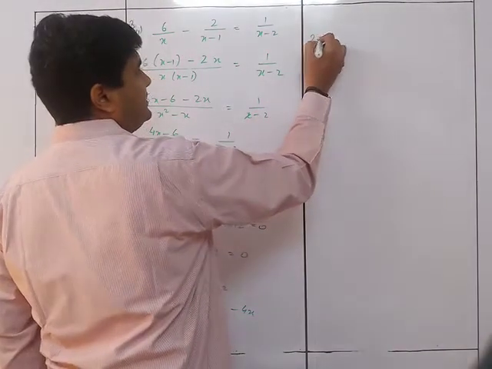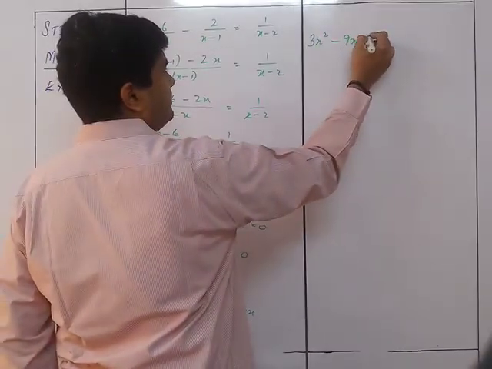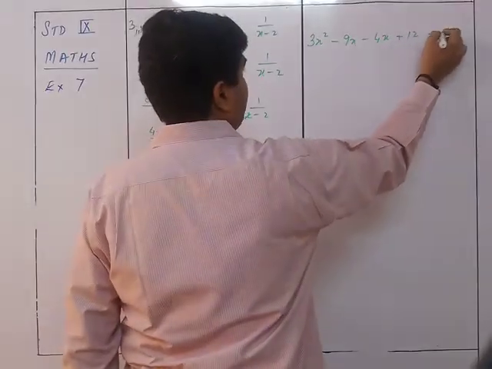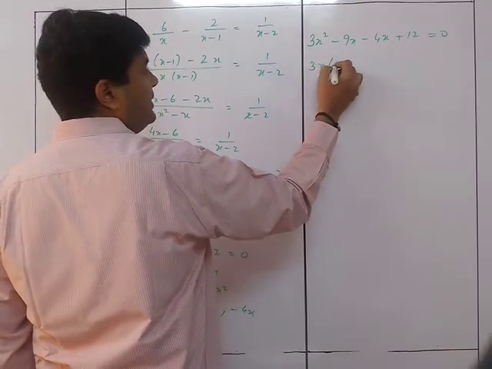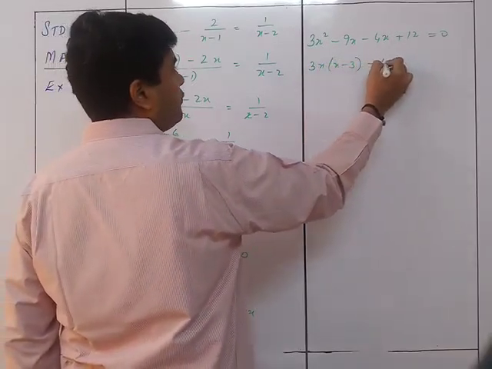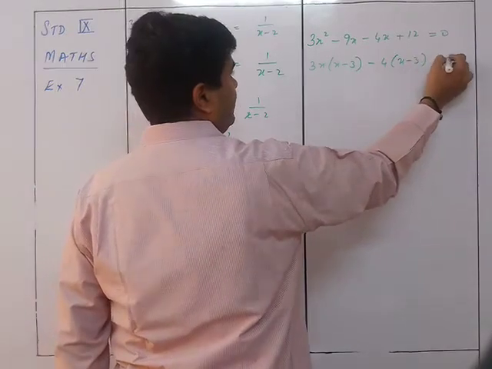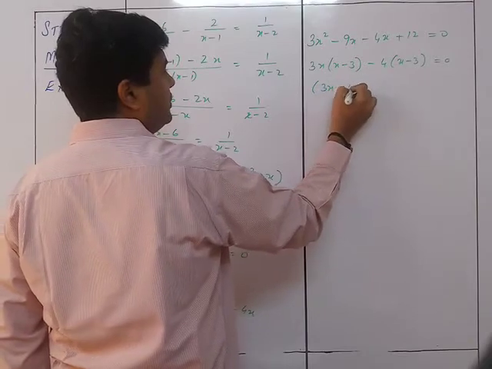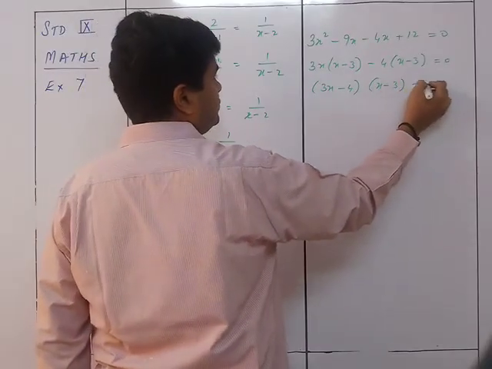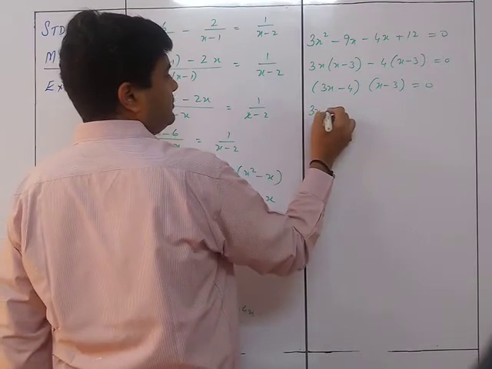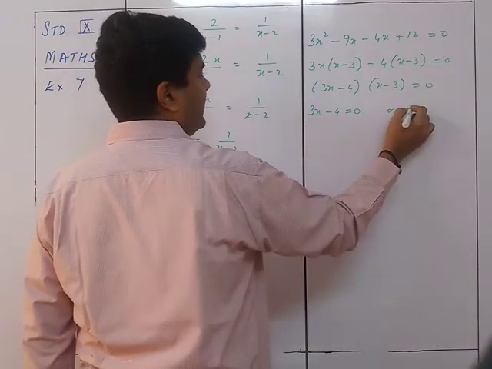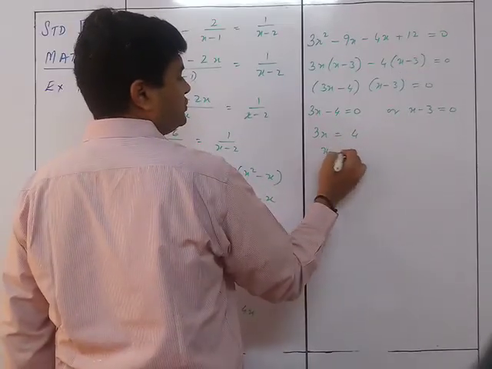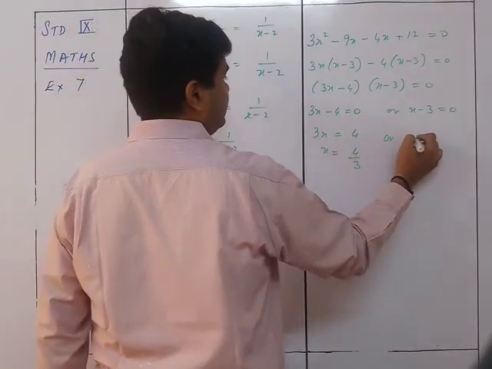The equation now becomes 3x square minus 9x minus 4x plus 12 is equals to 0. 3x common, x minus 3 minus 4 common, x minus 3 is equals to 0. 3x minus 4 and x minus 3 is equals to 0. 3x minus 4 is equals to 0 or x minus 3 is equals to 0. 3x is equals to 4, x is equals to 4 upon 3 or x is equals to 3.